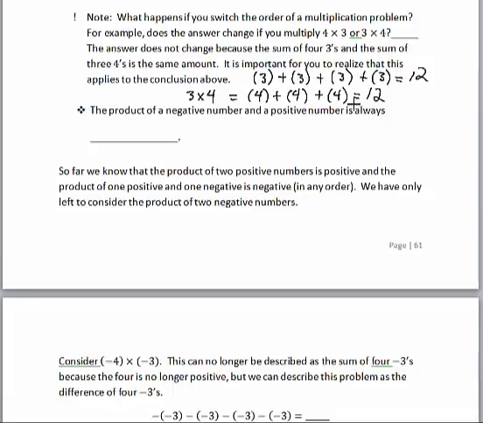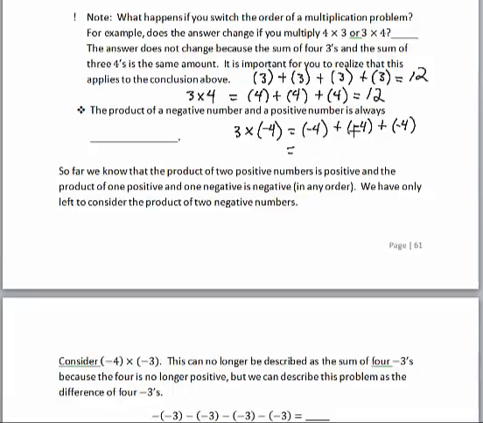Okay, and so if we were to make the 4 negative, then instead of 3 positive 4's, we would write 3 negative 4's with addition operations in between.